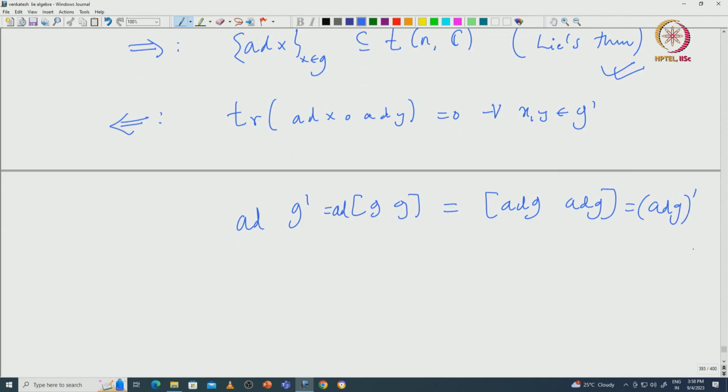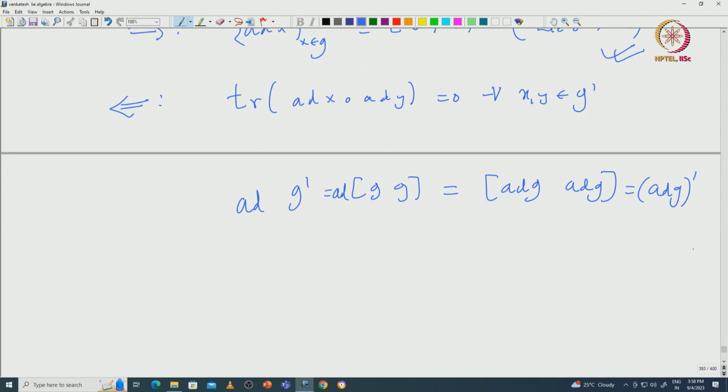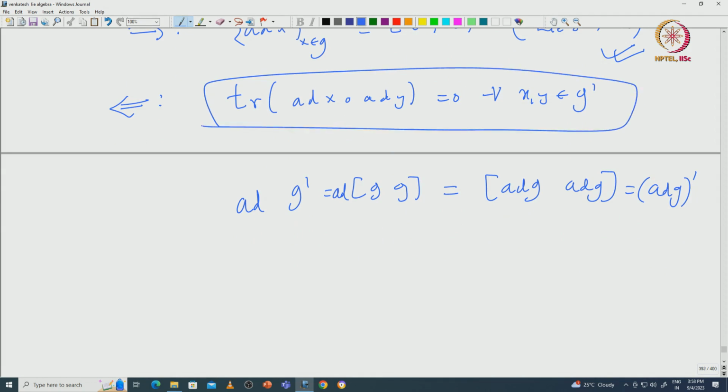So this trace condition, ad x composition ad y being 0 for all x, y in G dash, immediately implies ad G dash is solvable. Since ad G dash is solvable, G dash is solvable. Since G dash is solvable, G is solvable.